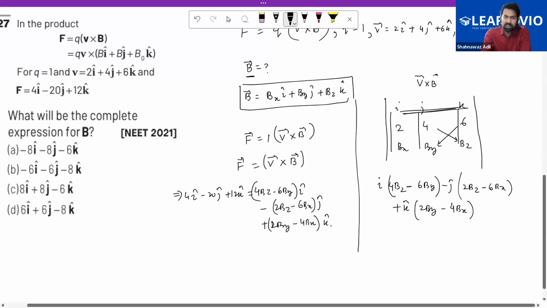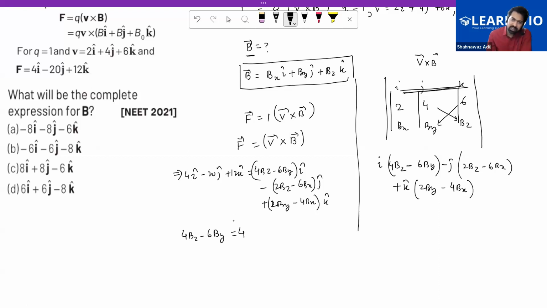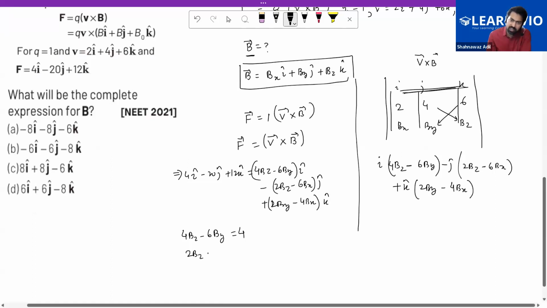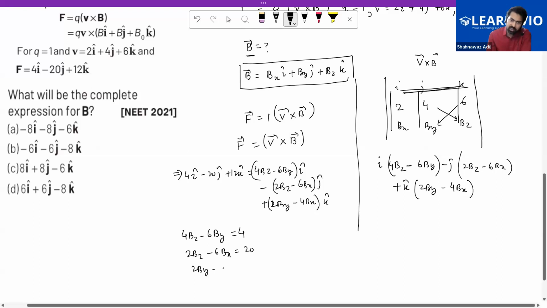If we compare these two, 4Bz minus 6By is 4. Then 2Bz minus 6Bx is 20. And in the last, we have 2By minus 4Bx, and this is 12.